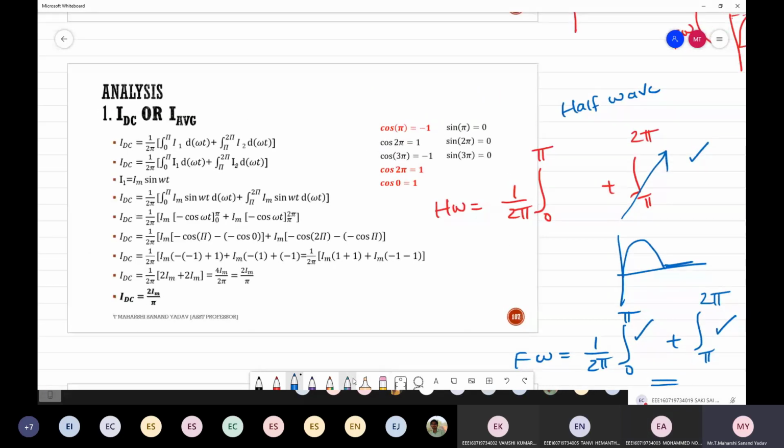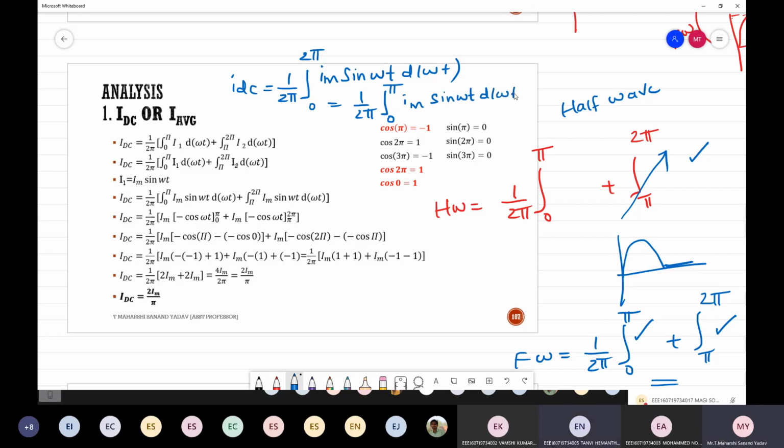Again, the same concept is applicable. So let us see. What do you know about IDC? IDC is 1 by 2 pi, integration 0 to pi of Im sin omega t d omega t, plus integration pi to 2 pi of Im sin omega t d omega t.